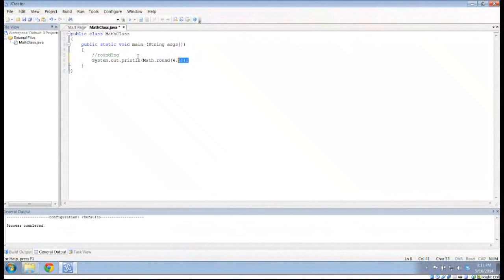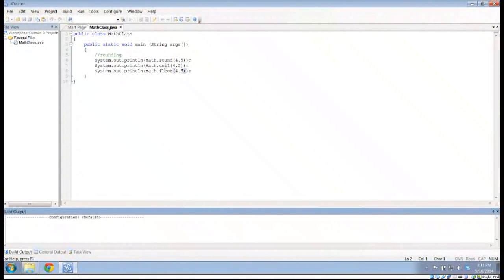I'm going to take this line of code and I'm going to copy it, but instead of round, I'm going to replace it once with ceil, and I'm going to replace it with floor. So if I run this, I want to talk about what's happening here.